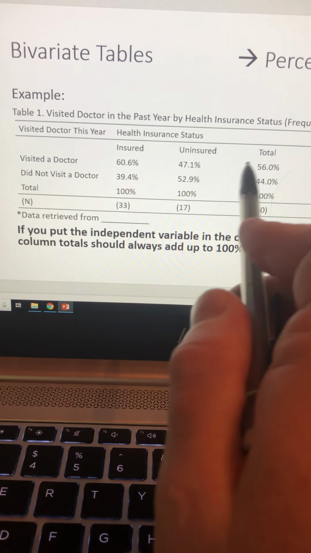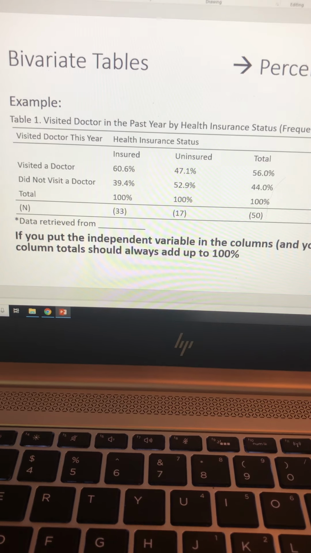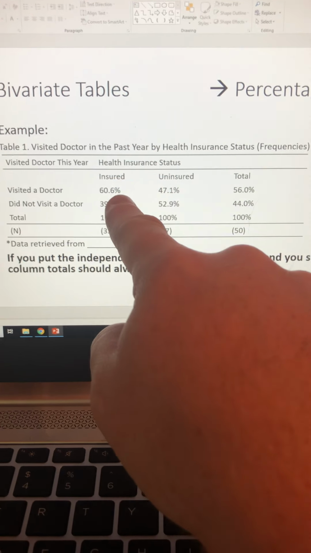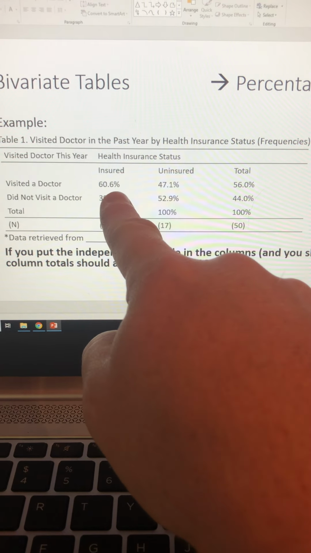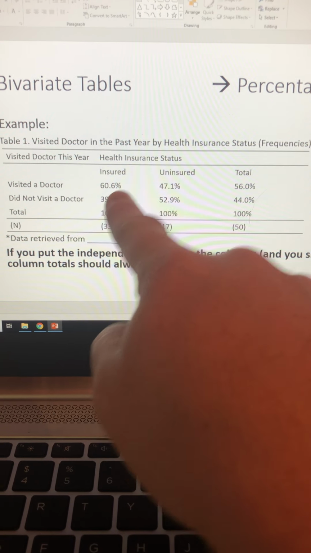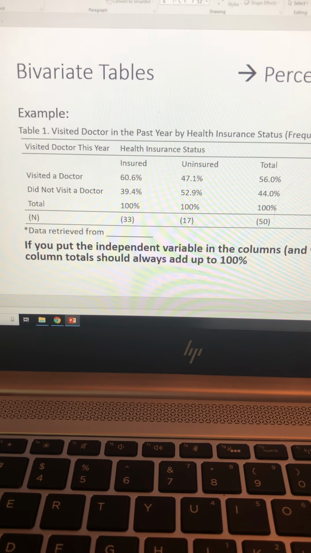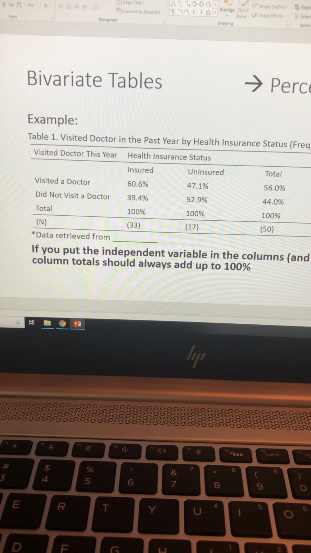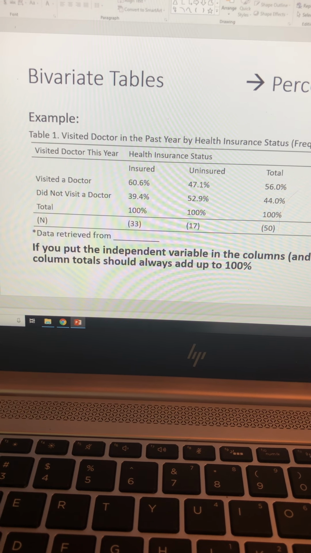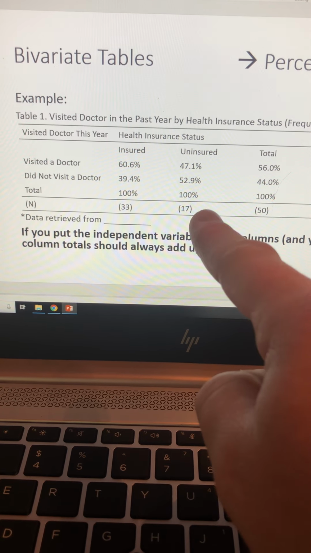So it's kind of like, I mean, we read left to right, so we could quickly see, okay, of those who are insured, 60% are going to the doctor, 40% are not. And then of those who are uninsured, it's closer to 50-50. It's 47-53. And again, I just rounded here, but these numbers that I have here, it's the same thing.